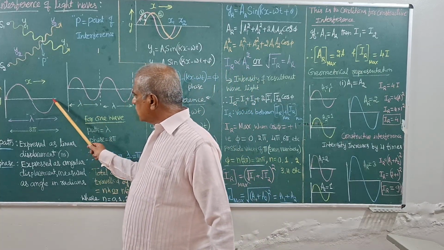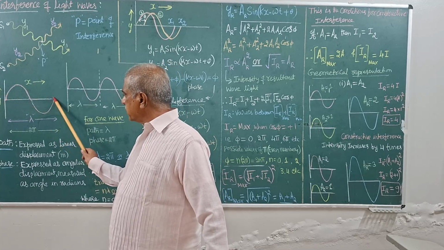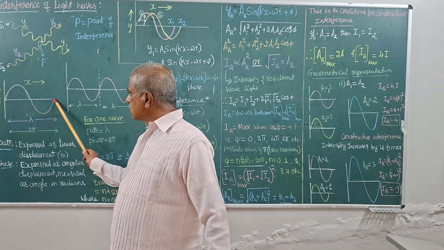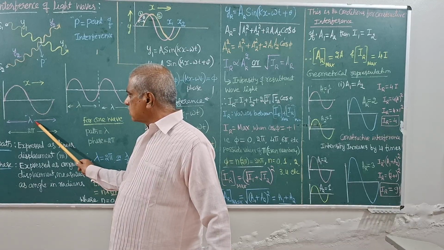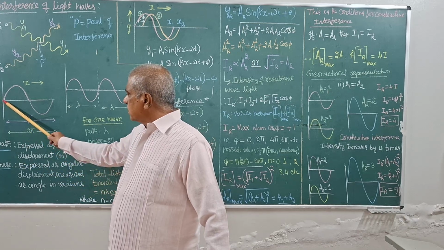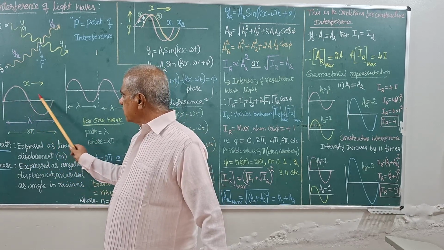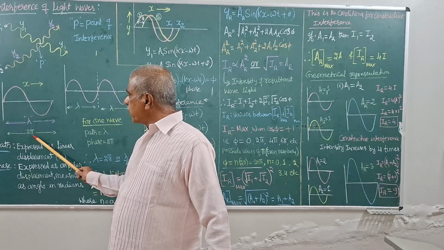This displacement of the wave from this point to this point is represented as lambda, the path lambda. In terms of phase, the distance between this point and this point in terms of angular displacement is 2 pi.